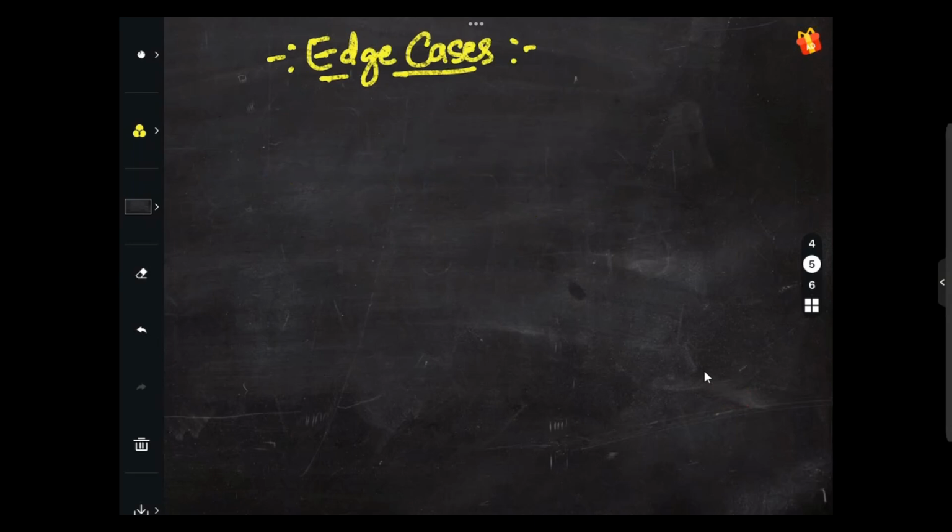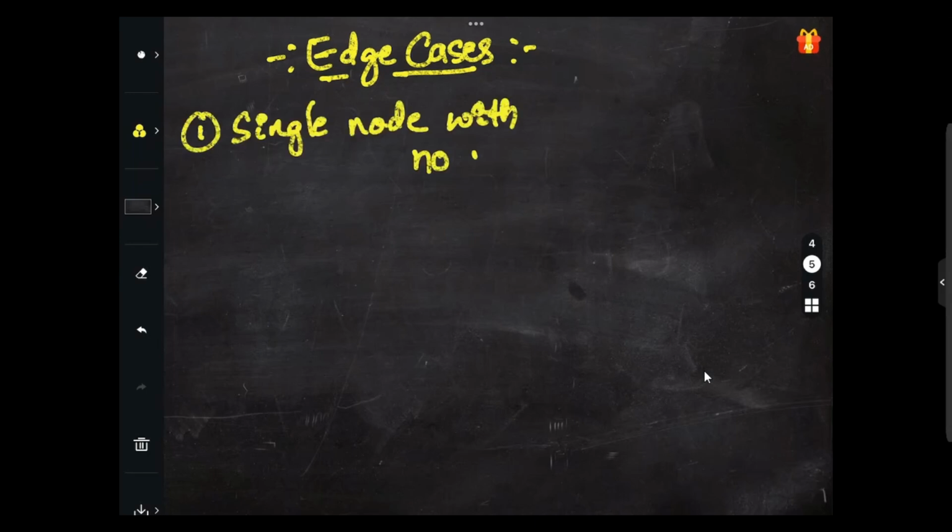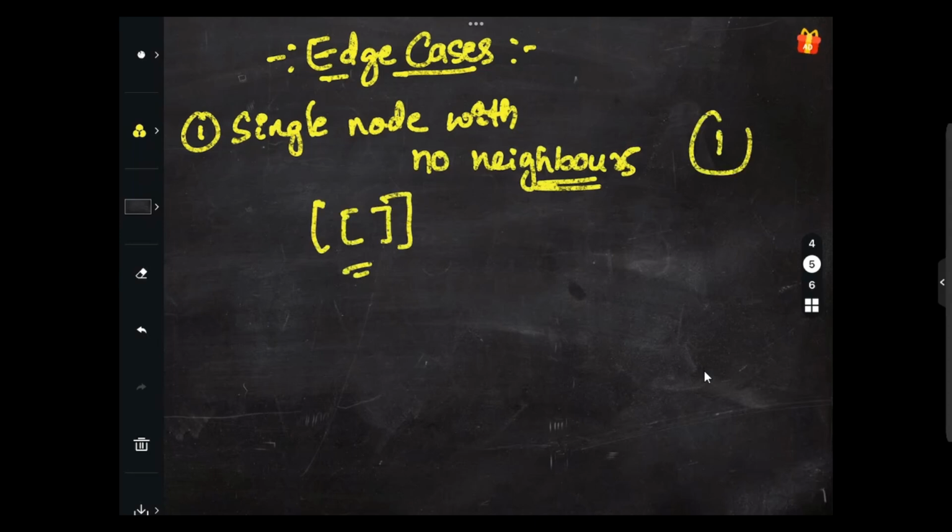So the first edge case I'll be going with here is a single node with no neighbors. The same as they have given in example 2, I think, the second example. So the input will be this one. We have only one node here.